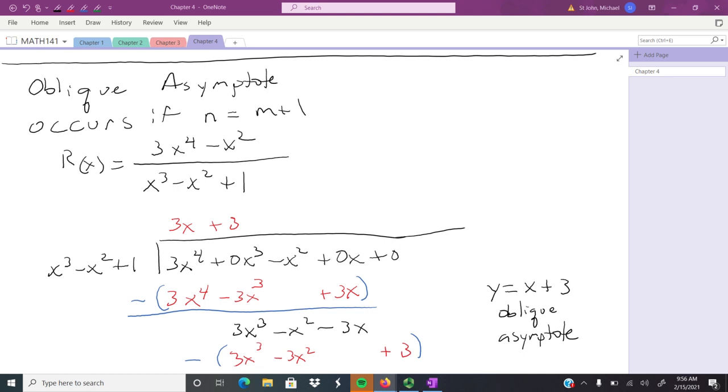Not working very well. No, 3x plus 3, that's why. All right, I got it all graphed now.